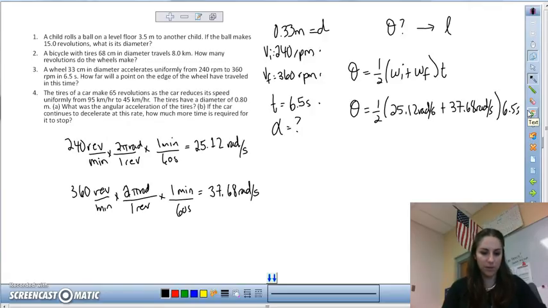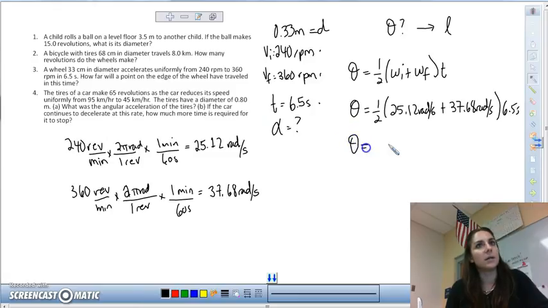So let's calculate that out. What I get is 204.1 radians.